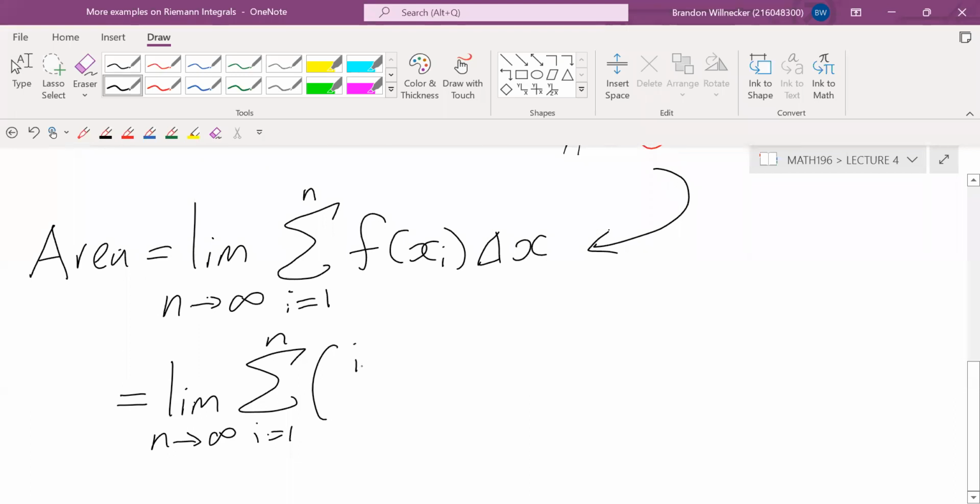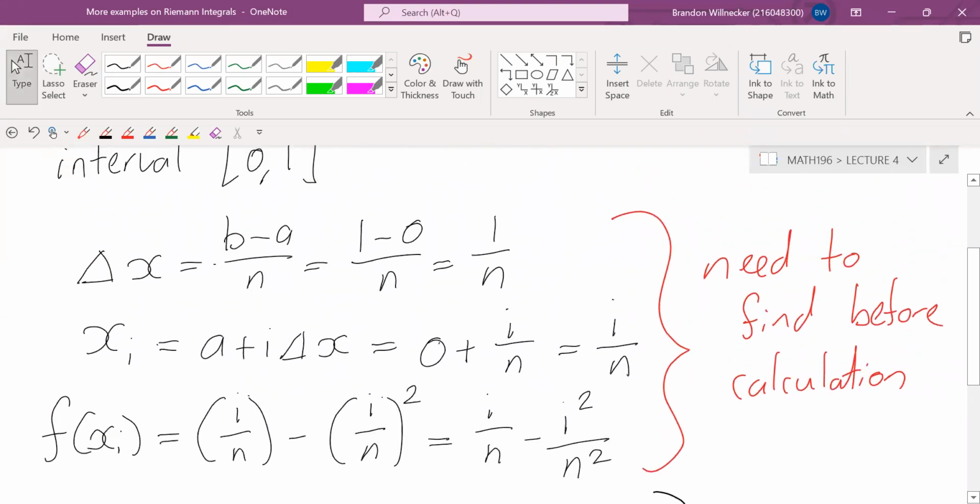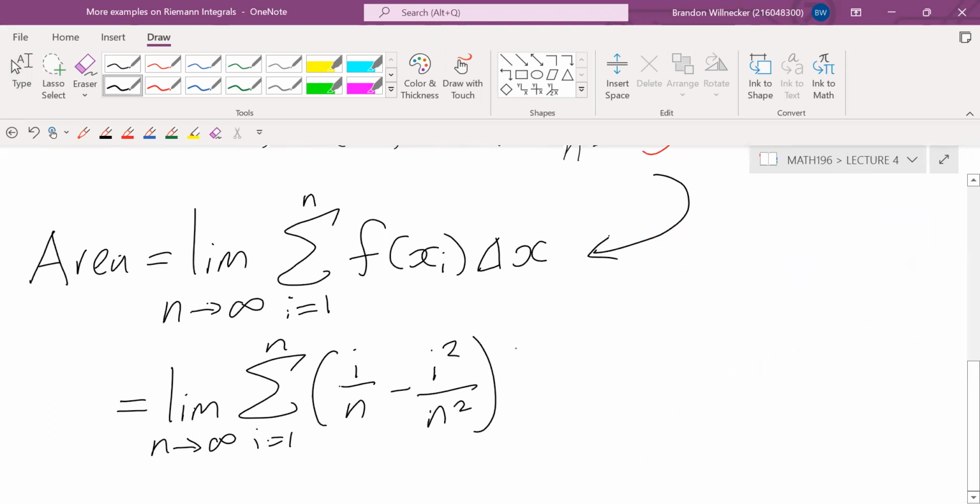So we can write that i over n minus i squared over n squared. And then delta x, what was that? Delta x is 1 over n over here. Okay, so then that's going to be 1 over n. Okay, so now we just need to multiply this out, and then we can do the summation.